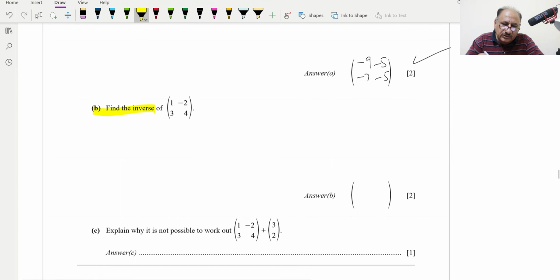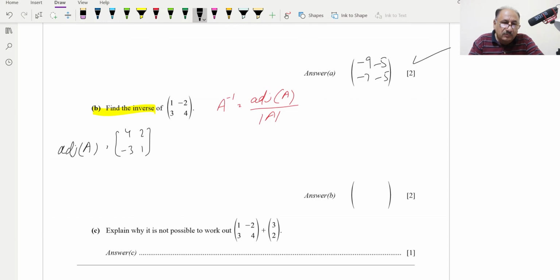Find the inverse of this given matrix. For inverse we know the formula: A inverse is equal to adjoint of A over mod A. Adjoint of the given matrix A will be found by switching the locations of 4 and 1 and changing the sign of these other two. Mod A will be 1 multiplied by 4 is 4, minus 3 into minus 2 is plus 6, so this will be equal to 10.